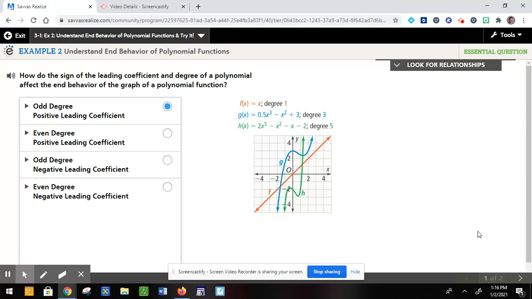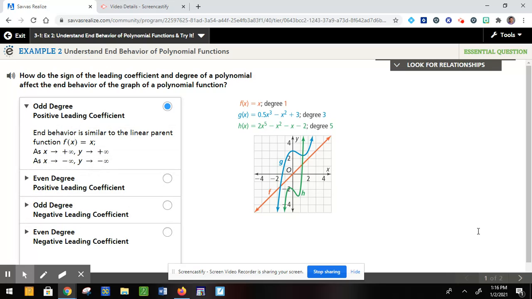Notice what they all do. They all seem to go from left to right, going up, right? This is how we describe it mathematically, but in more layman's terms, from left to right, it's going up. The end behavior is similar to the linear parent function f of x equals x, where as x approaches positive infinity, meaning as you're going right, y is going up.